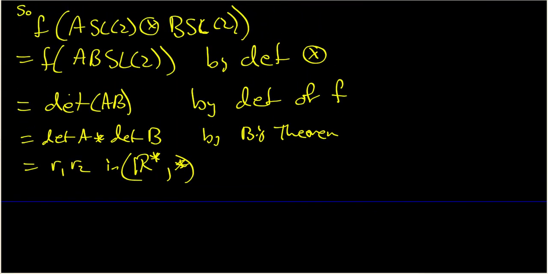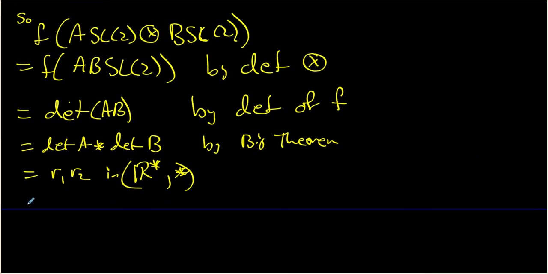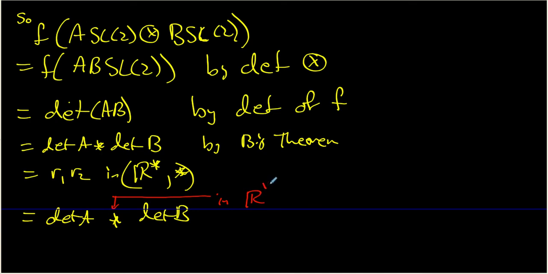What we've got here is that R1, remember, is indeed the determinant of A, and R2 is the determinant of B, and it's just worth pointing out that this star is in the group R star under times.